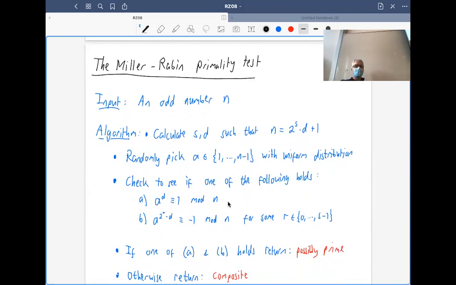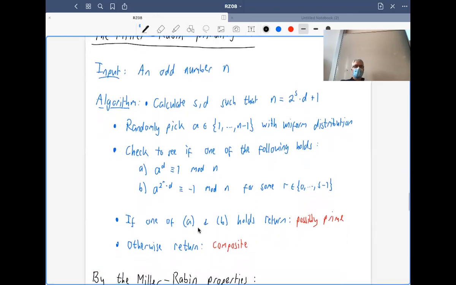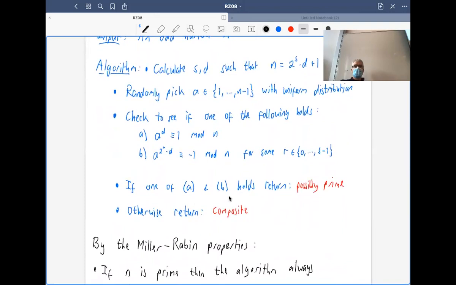But we check to see if one of these properties holds: either a to the d is equivalent to 1 modulo n, or for some r between 0 and s minus 1, a to the 2 to the r times d is equivalent to minus 1 modulo n. And if one of these two properties holds, then, if n were a prime number, we're guaranteed that one of these properties holds. That was the Miller-Rabin property for prime numbers.